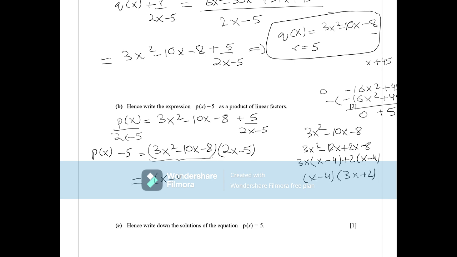Hence, you can write (x minus 4)(3x plus 2)(2x minus 5). And this will be your final answer.